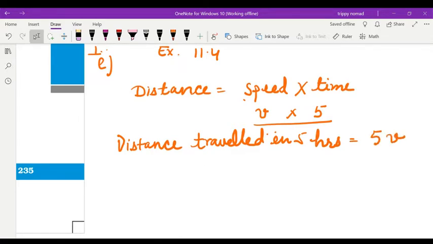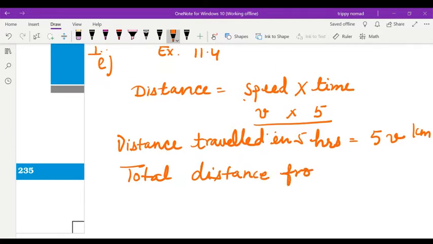But total distance, he is far 20 kilometer. Total distance, and this will become kilometer, distance in kilometer. Total distance from Daspur to Bispur.